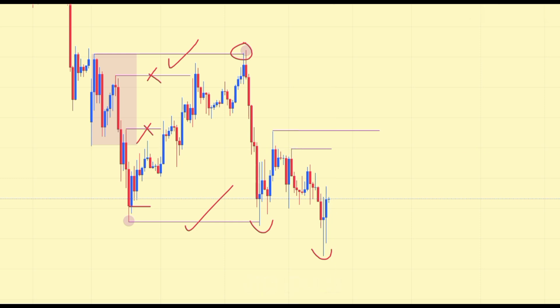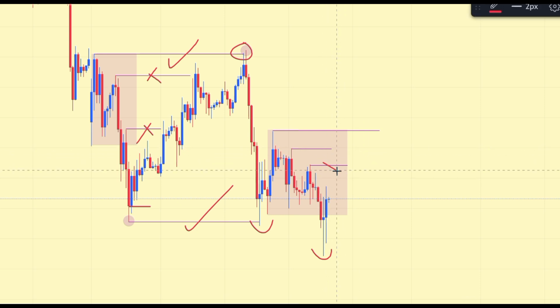Like all of these, the ones that I'm marking, these are all minor pullbacks and should not be considered the major inducement, because you can see they are engulfed inside here. So all of those are minors, and this one here is the one left as the major, and we usually pick the major.